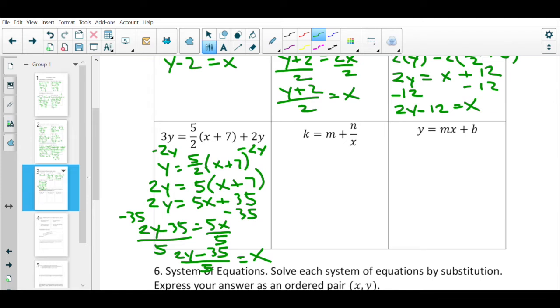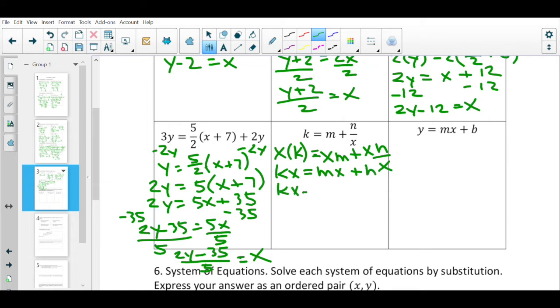Okay, we have the x in the bottom and a bunch of other variables. Multiply both sides by x, so that's x times k equals xm plus x times n over x. So that's kx equals mx plus n.